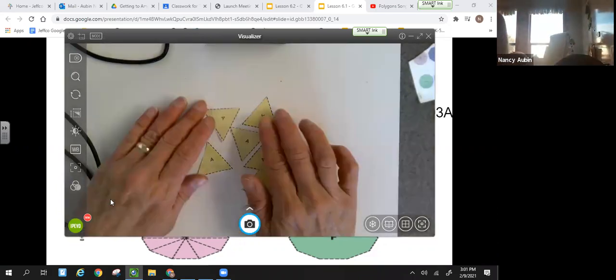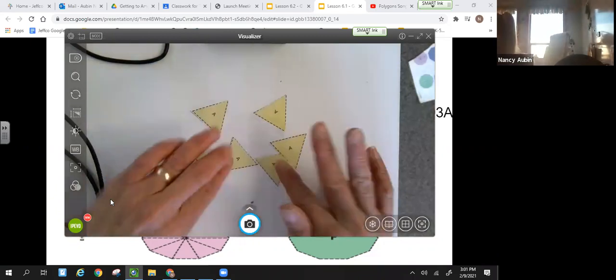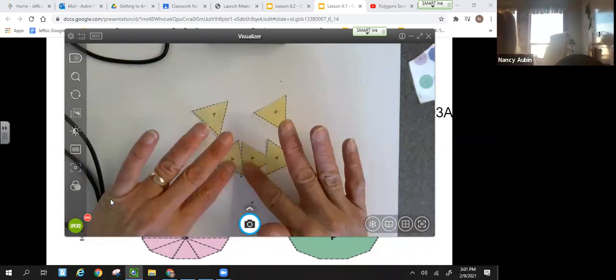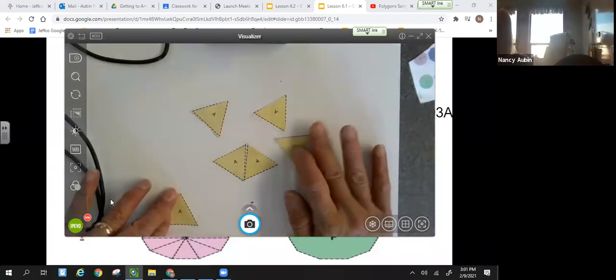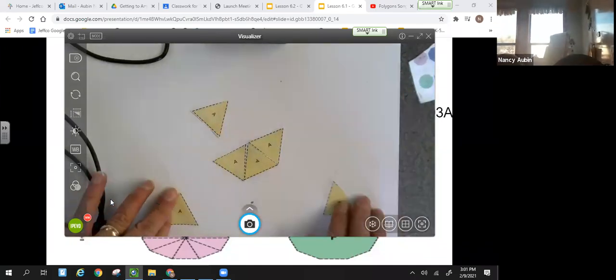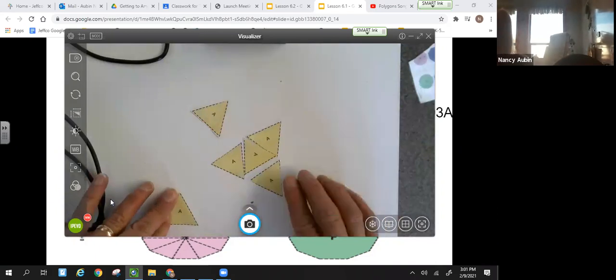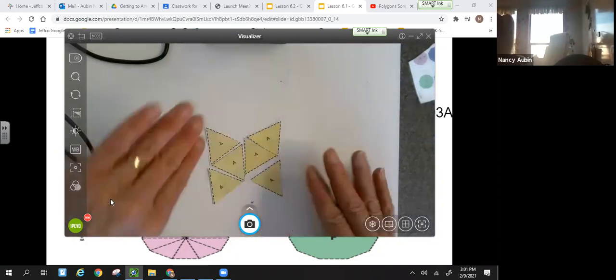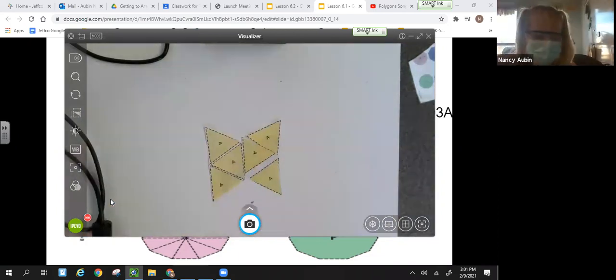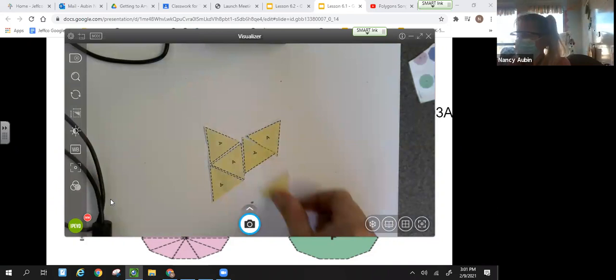Because it's harder for him to bring all of his up here, he put 2 together like this. 1 here, right? 1 here. 1 here and 1 here.